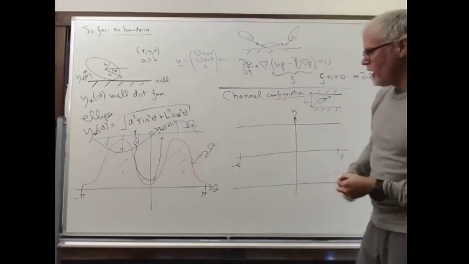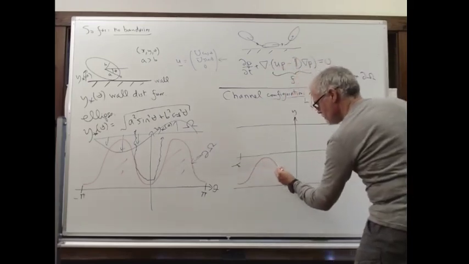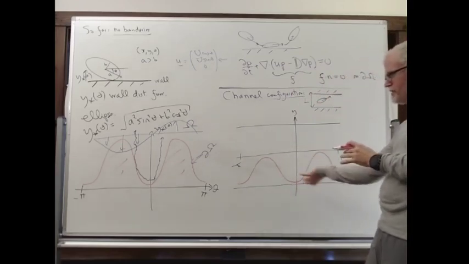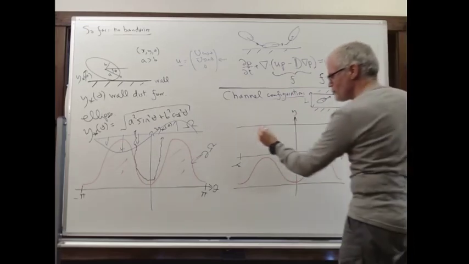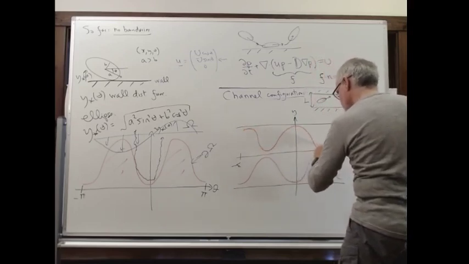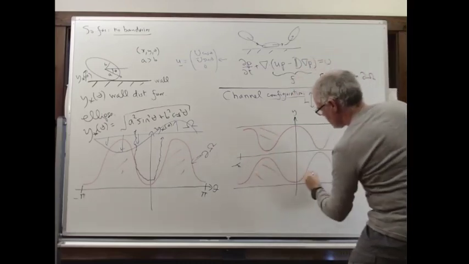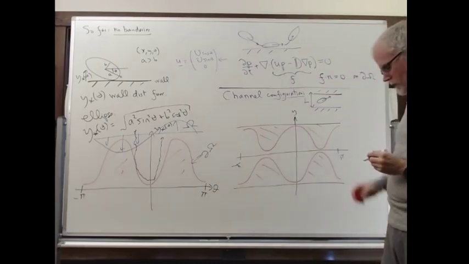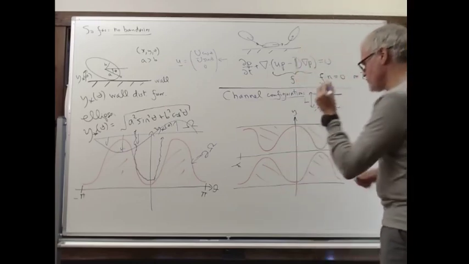At the bottom wall, I just reproduce my picture from over there. The top wall, you take this curve and flip it over. Of course, this particular curve is symmetric, so flipping it over doesn't change very much, but I'll still plot it. Again, the excluded area, the region where the swimmer is not allowed, is all of this region here. And the swimmer is represented by a single point in this configuration space.